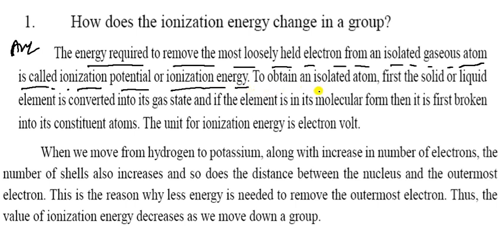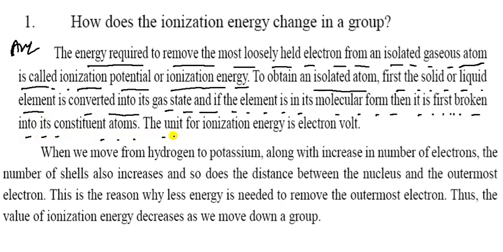To obtain an isolated atom, first the solid or liquid element is converted into the gaseous state, and if the element is in its molecular form, it is first broken into its constituent atoms. The unit of ionization energy is the electron volt. So that is the ionization energy.